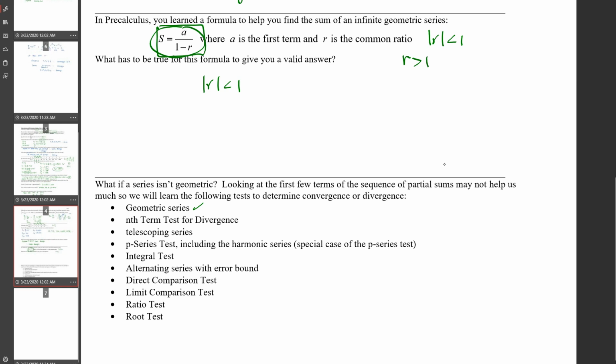If it's a geometric series, all you have to do is find your r. If your r is less than 1, the series converges. If your r is greater than or equal to 1, the geometric series diverges. But if it's not a geometric series, we're going to learn several other tests to figure out if a series converges or diverges.